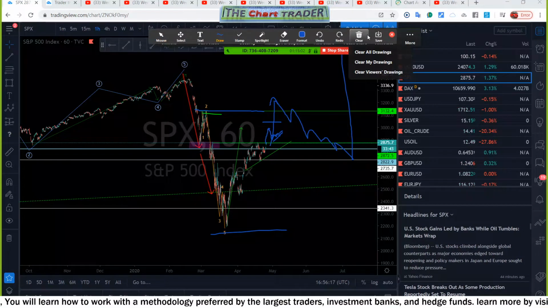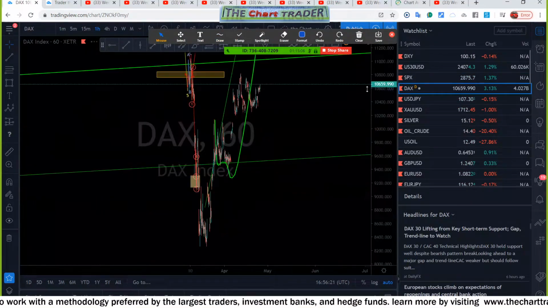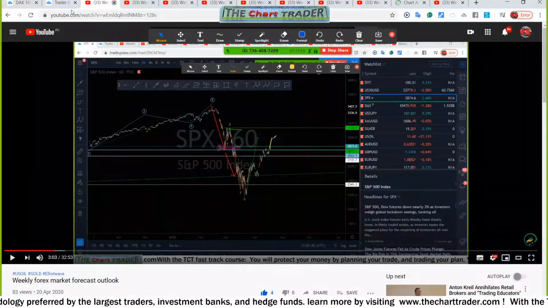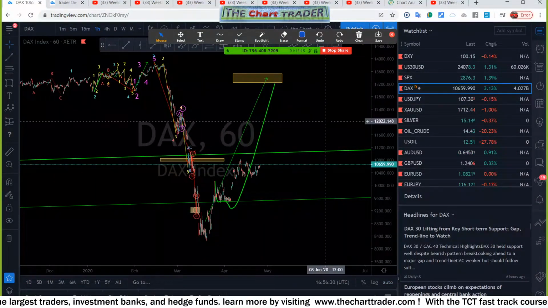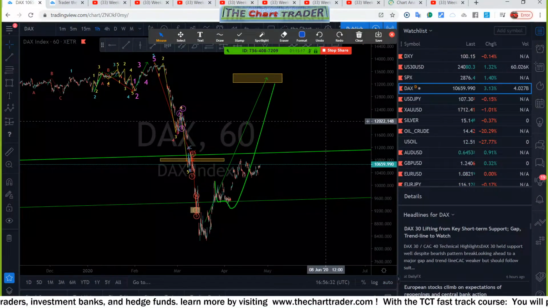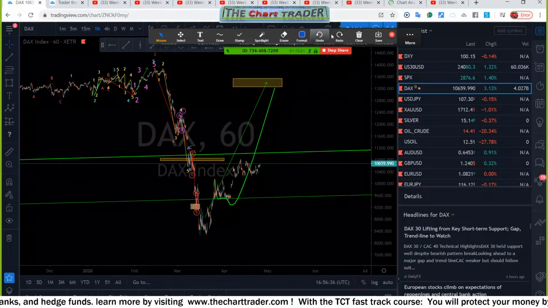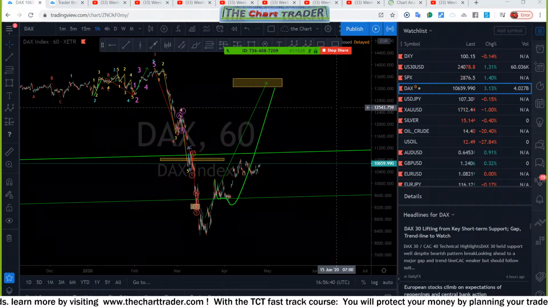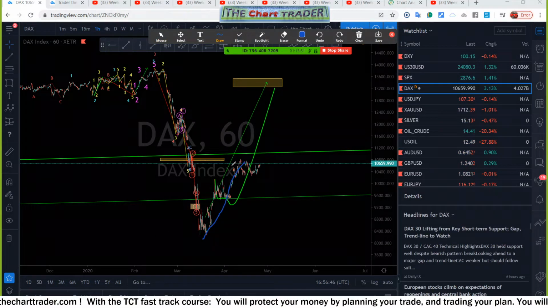So let's move on. DAX. Let's take this one off. So DAX, guys, is still playing in our favor. And we did anticipate this up move, down move, all the move in there. If you've been watching my previous future outlook, you will notice that we did forecast this move from right at the bottom to go up.